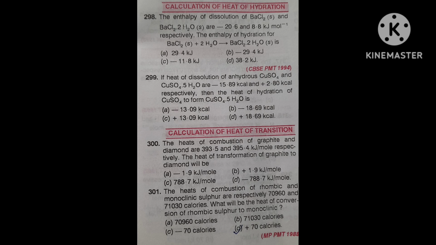Second, minus 29.4 kilojoule. Third, minus 11.8 kilojoule. Fourth, 38.2 kilojoule. This question was asked in CBSE PMT, and it will take hardly 15 seconds at most. Just think, and after that I will tell the correct answer and how you will solve it.